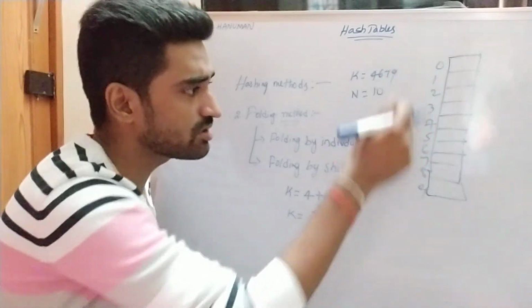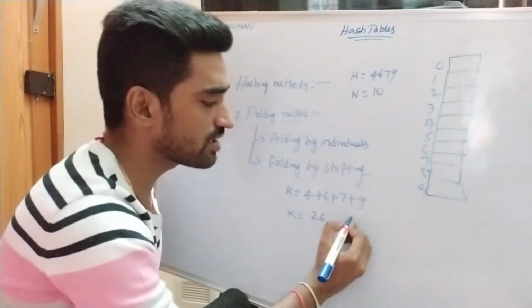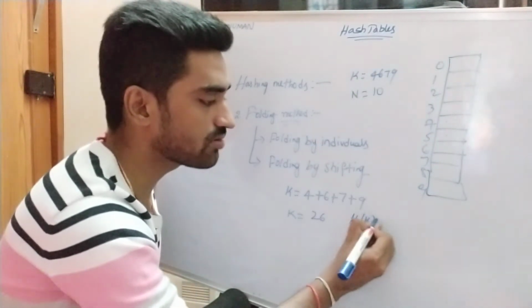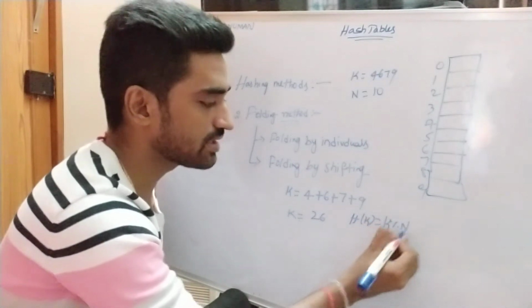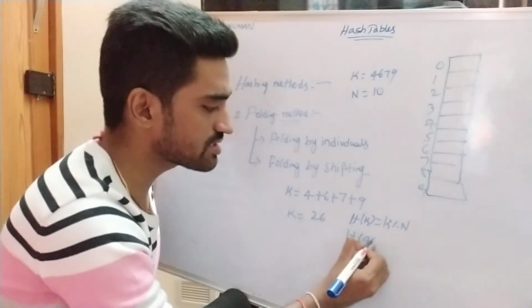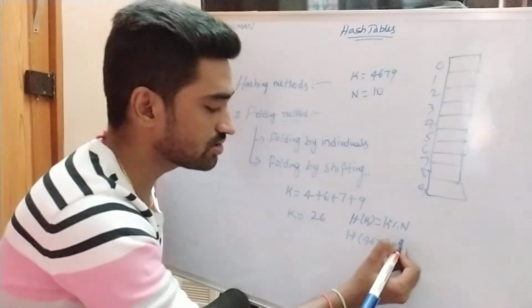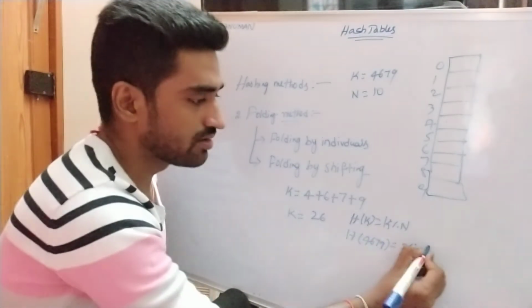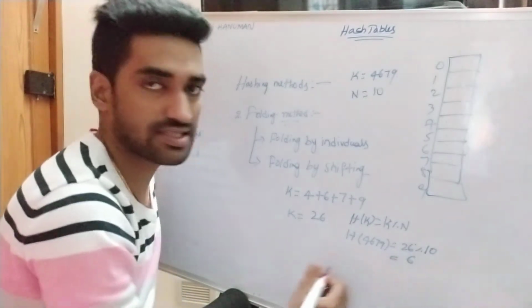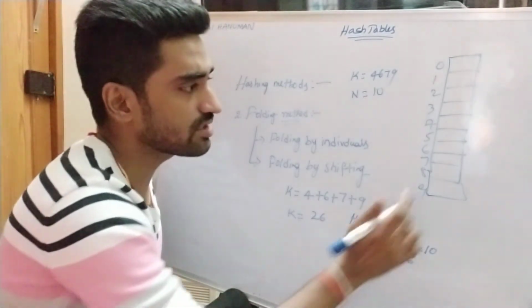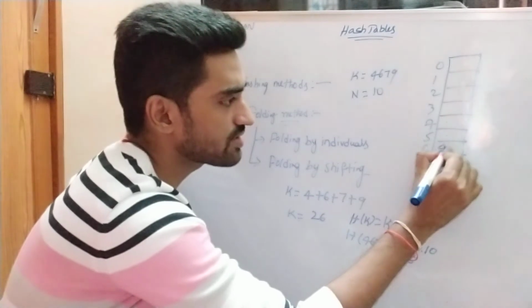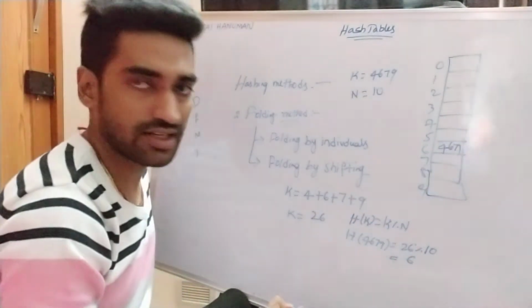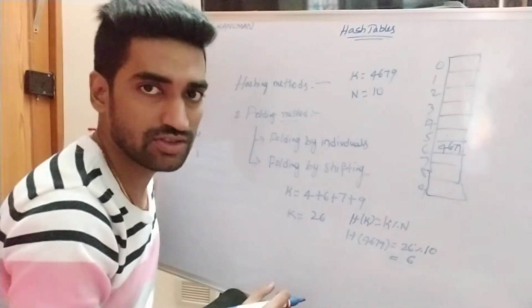Here the hash table index starts from 0, so we use which formula? H of k is equal to k modulo n. So h of 4679 is equivalent to 26 modulo 10, which is 6. So at the 6th position we are inserting 4679. So this is folding by individuals.